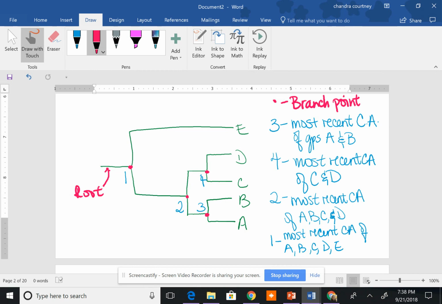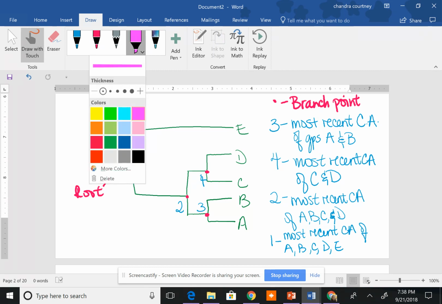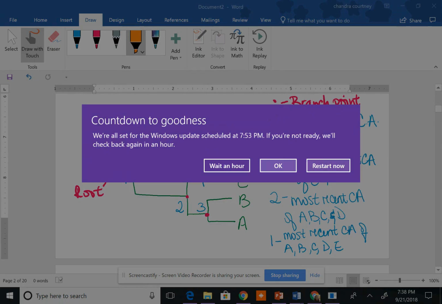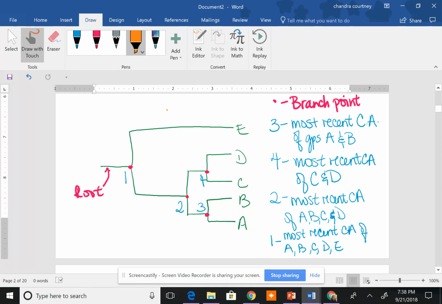So, for example, let's say we were looking at D and C. Let me change colors really quick. Okay, so D walks this way, and then it walks this way, and there's my common ancestor.